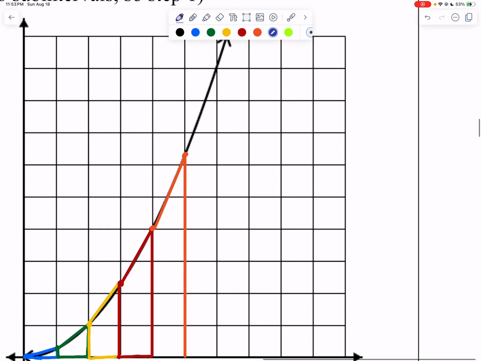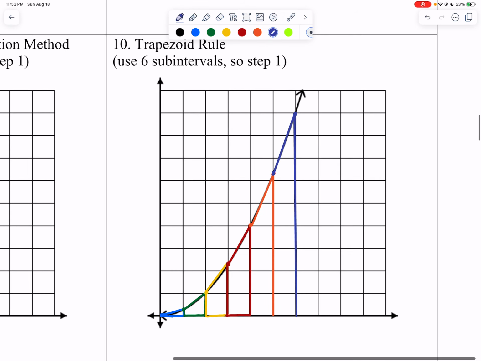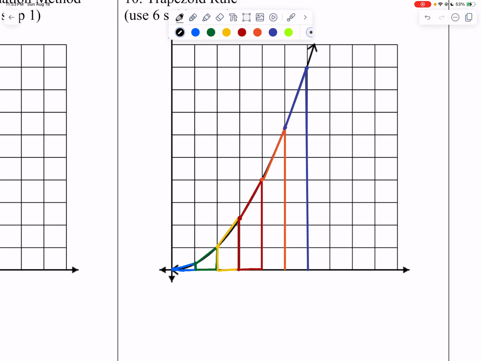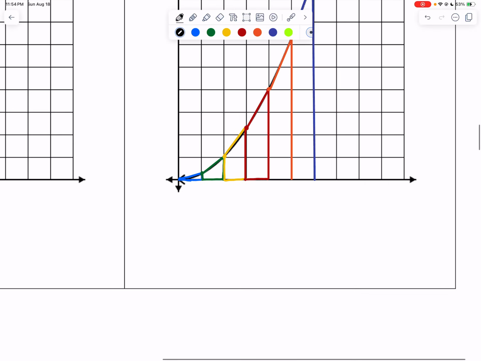Probably not. But this one is a pretty good approximation right here in terms of what we're trying to estimate. All right, so we're going to count that up, and I'm going to give you that number being 18.25. So this is approximately 18.25.